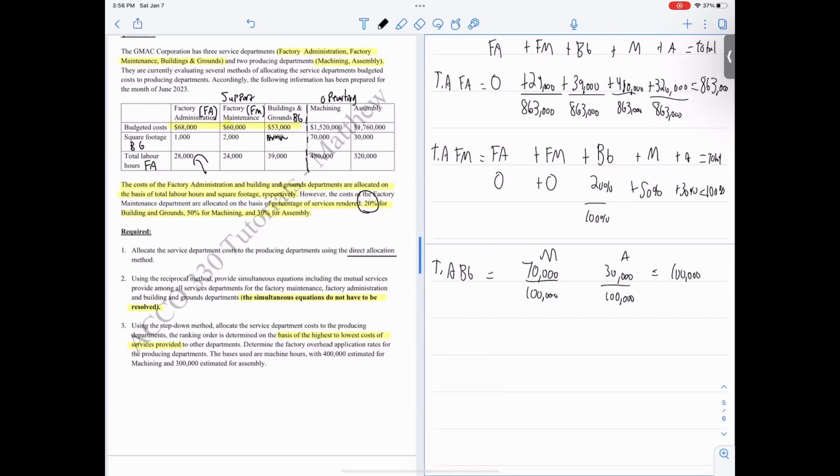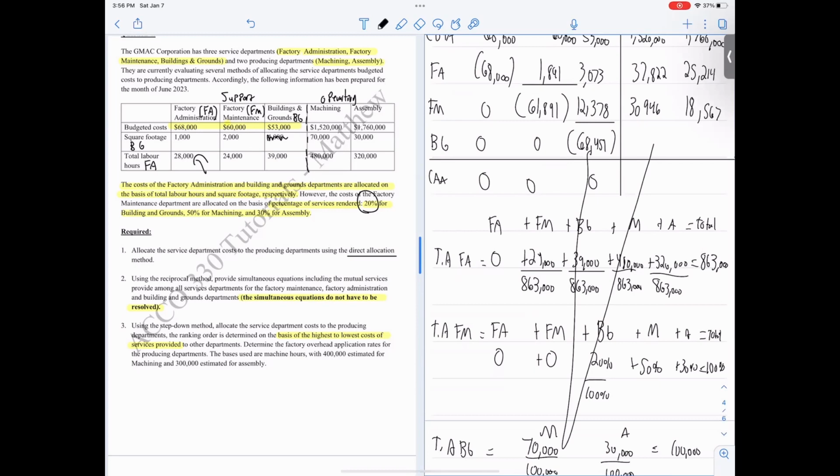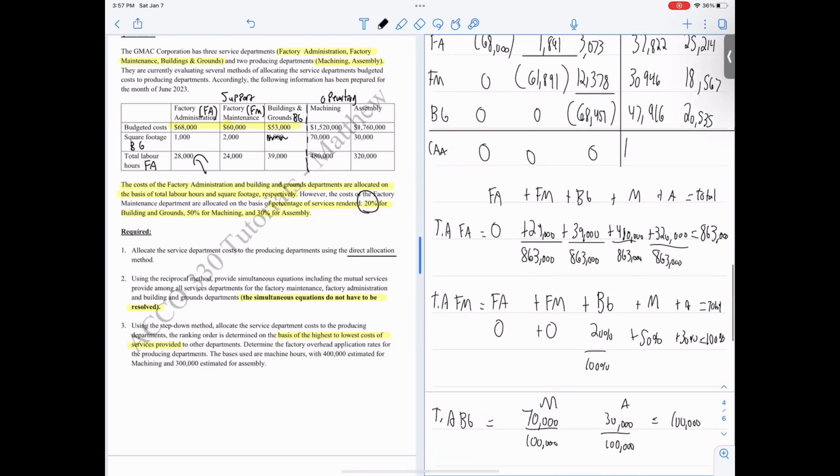We did that up top in the direct method. So 68,451 times 0.7 is 47,916. And then 20,535. That gives us total cost after allocation of 1,636,683 and 1,824,317.